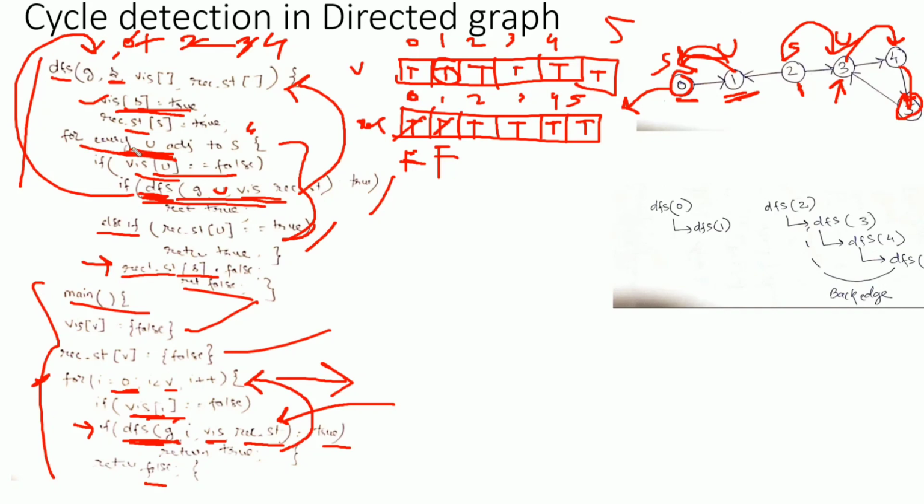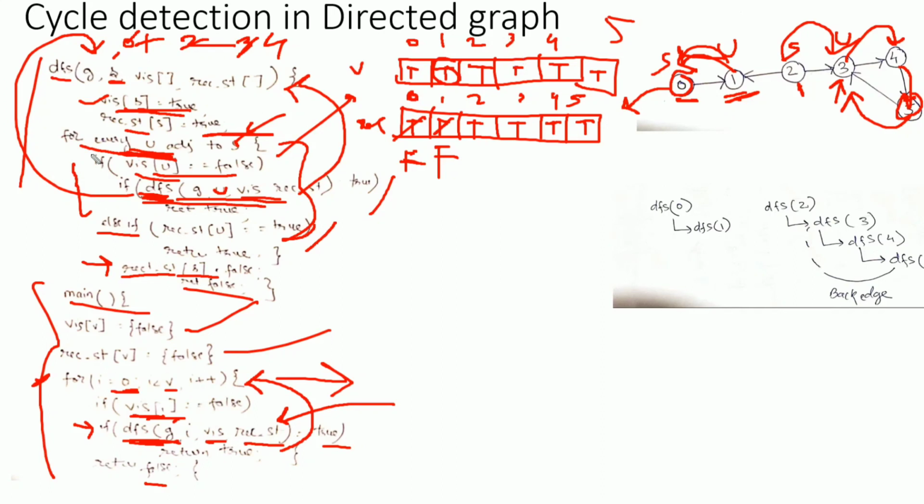Now I am in this line, for every u adjacent to s. Now s is vertex 5, and its adjacent vertex is vertex 3. So now we will check if visited of 3 equals false. In the visited array, the value at index 3 is true.